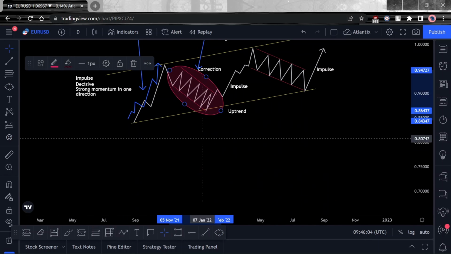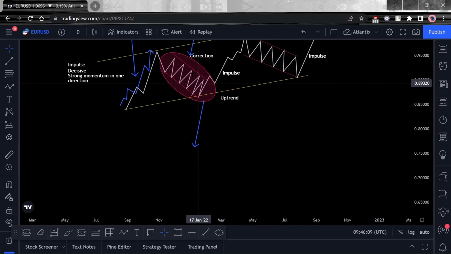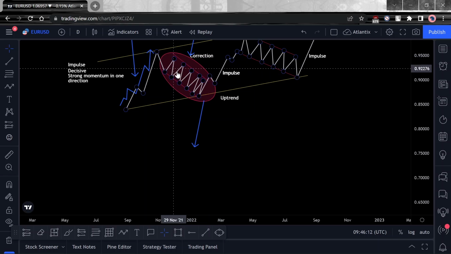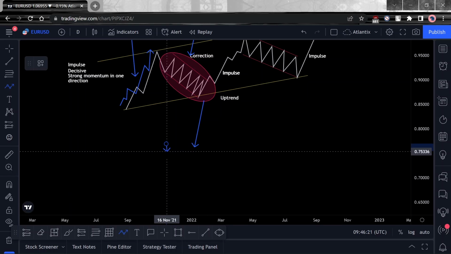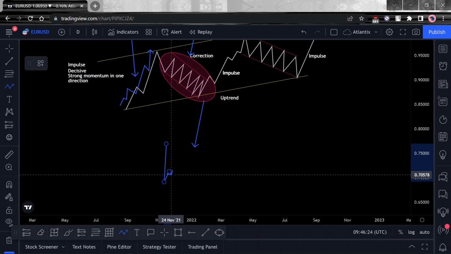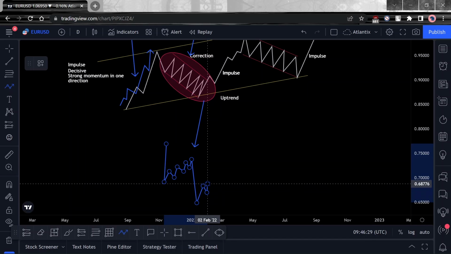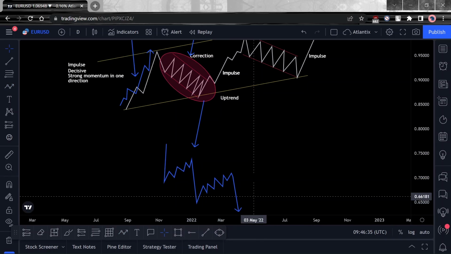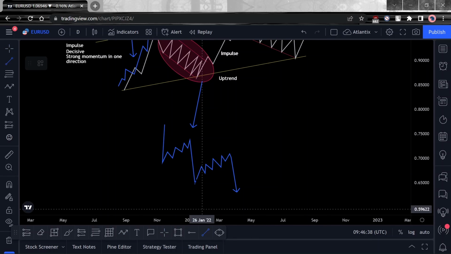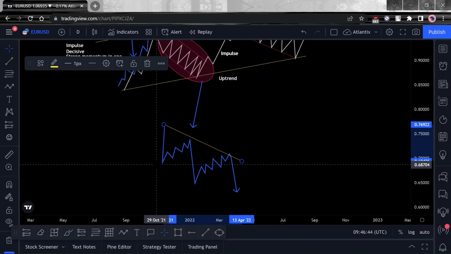Now, what we're going to find when we take a closer look at this correction is, whilst the correction is happening, because we know that within a trend, there's another trend, you might find that the market may actually be assuming a strong impulse, a weird correction, a strong impulse, a weird correction, and a strong impulse again, right? And this is all within this move that's appearing up there.